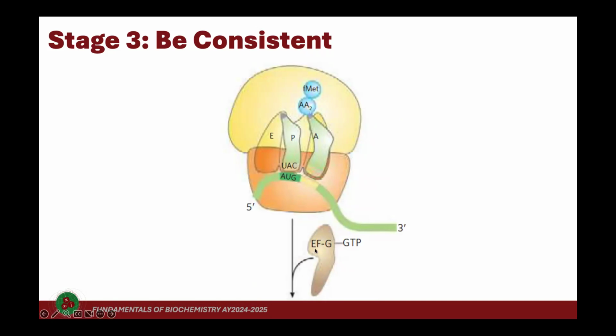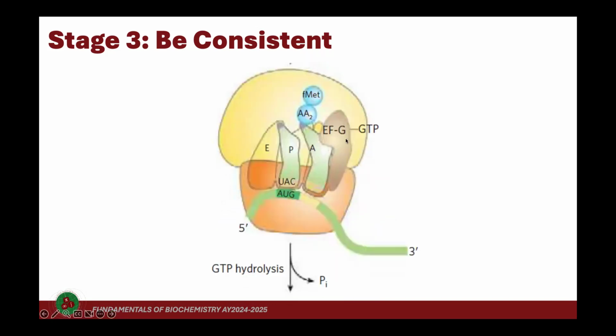This needs an elongation factor, a different elongation factor, EFG, which is also again bound by GTP. So this EFG has a high affinity to the A site. So it will sort of compete with the second tRNA that is currently occupying the A site. So what will happen is it will force these two tRNA molecules to move.